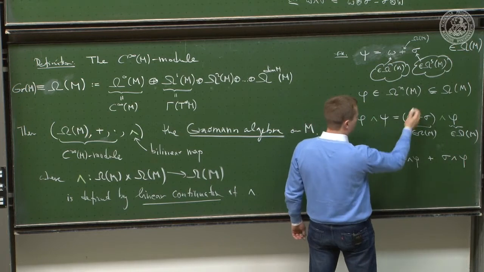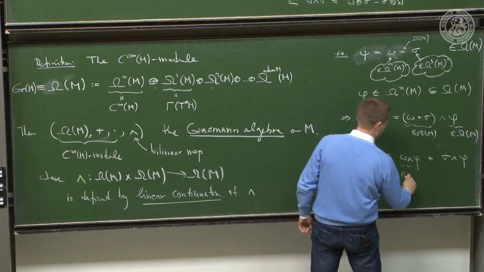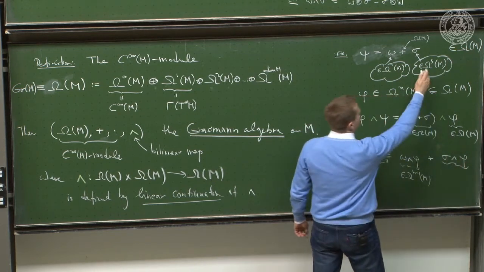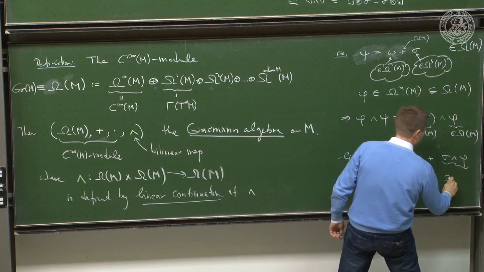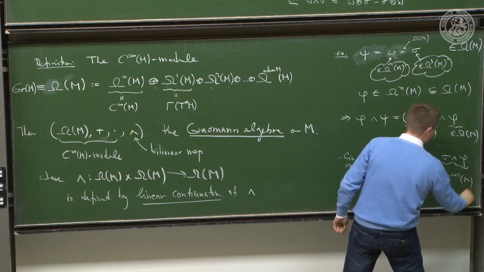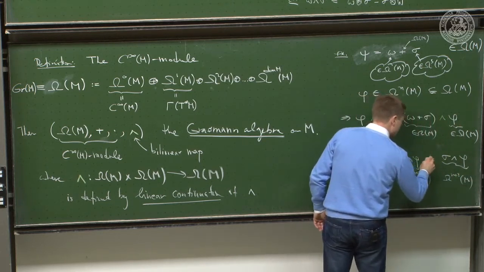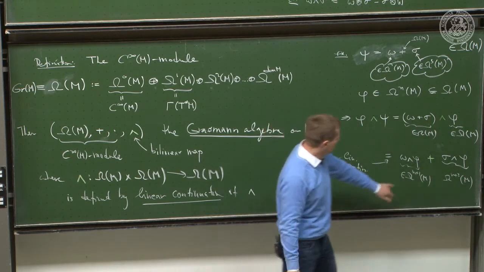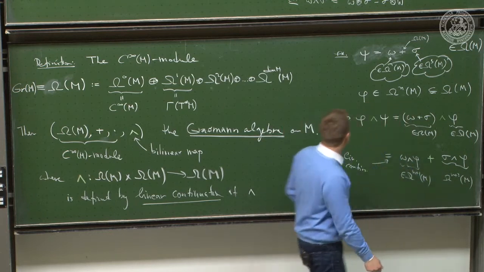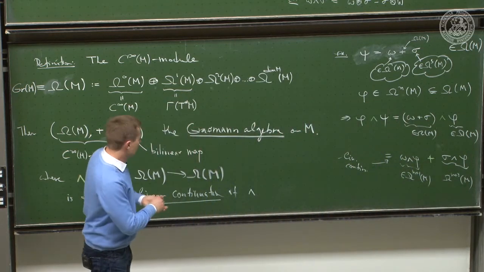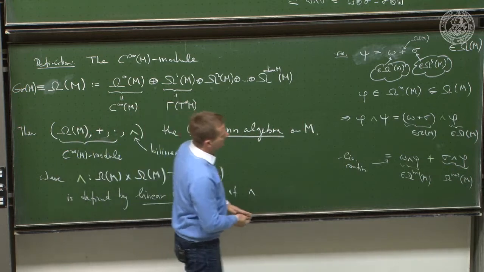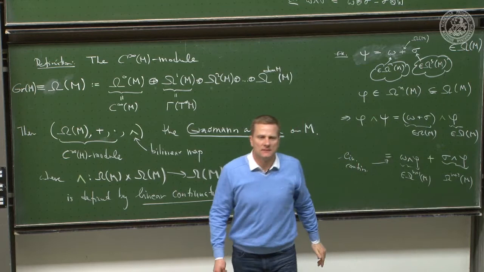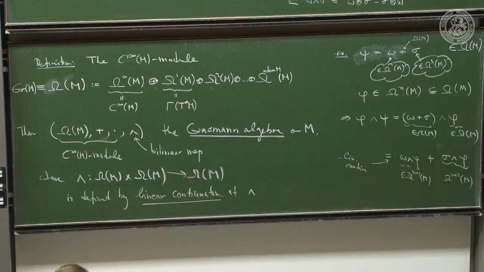The phi is an n form, so this whole thing is an n plus 1 form on M. And over here you have a 3 form and an n form, which is an n plus 3 form on M. And now this plus is the plus on Omega M, because obviously you have to take an n plus 1 form and an n plus 3 form, and that can only be a plus as it comes from this direct sum. That is then defined, and that's the linear continuation of this.